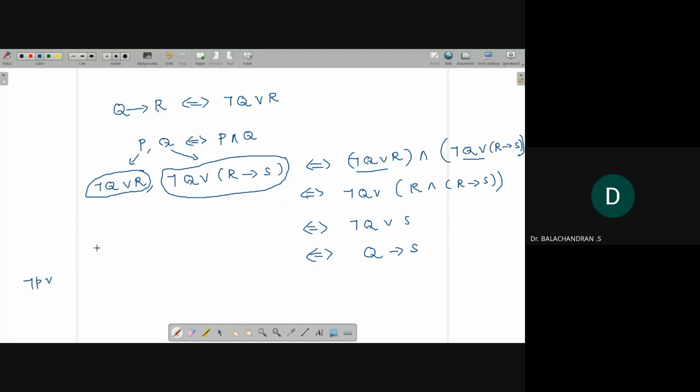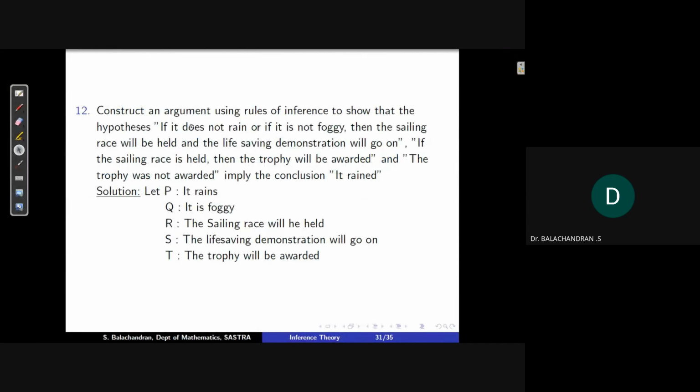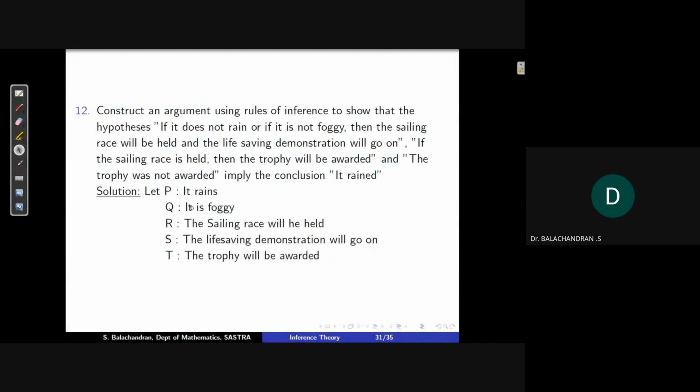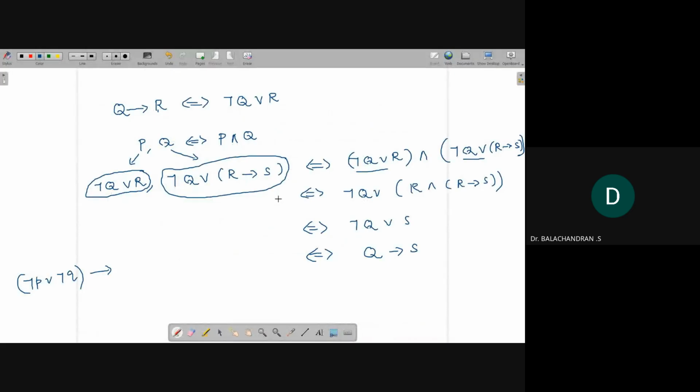Negation P or, and then it is not foggy, which means negation Q. Then implies the sailing race will be held, which is R, and the life saving demonstration will go on, which is S. So R and S. This is the first premise.